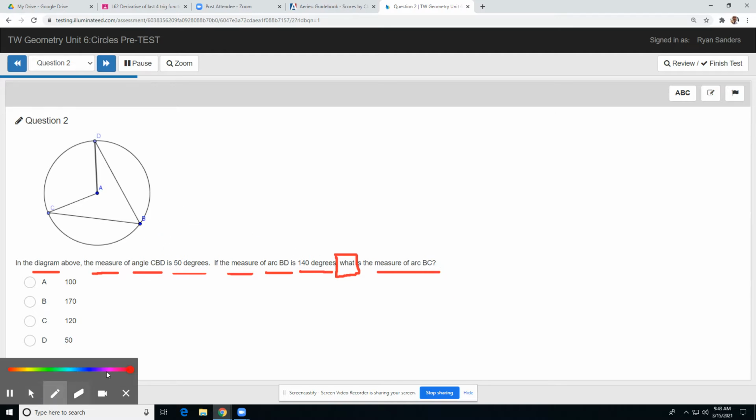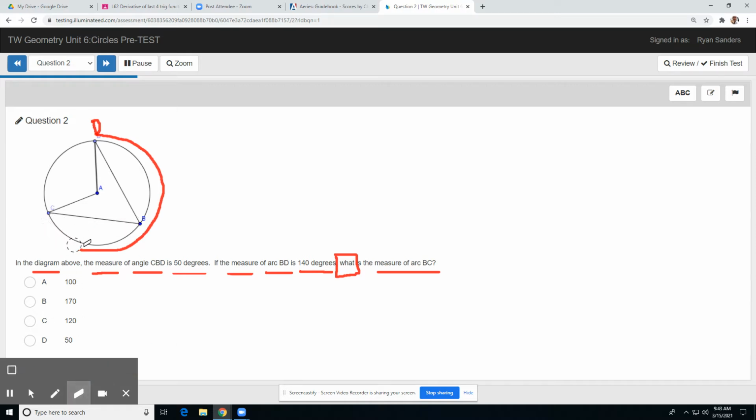All right, so I like drawing these, so we want to mark our circle the best we can. So I would go, the measure of angle CBD is 50. So C to B to D, we follow the order of the letters, is the measure of angle C. Oh, that's an arc.